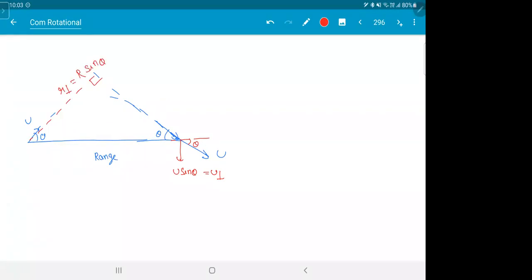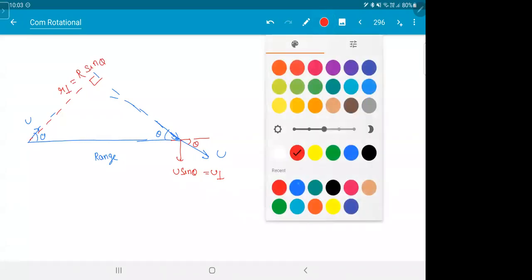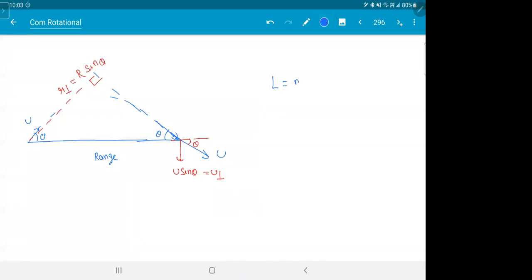Are you getting? You can use any one. Both are right only. But don't use both at the same time. M, U, u perpendicular, or M, R perpendicular. This would be what? M, R sine theta. If you see, you get the same answer. The range is U square sine 2 theta by G.